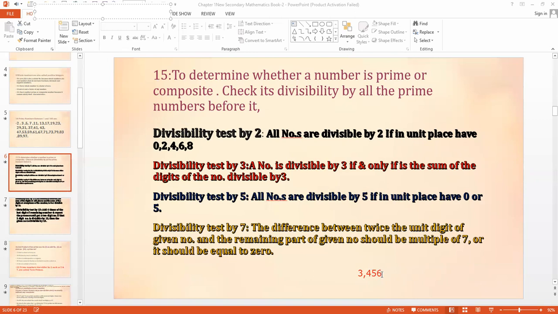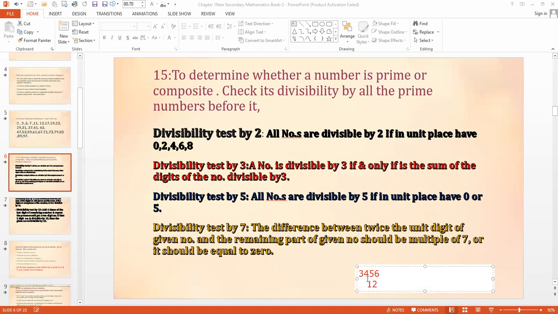I have written here 3, 4, 5, 6. At the unit place, which digit is given to you? 6. They are saying twice the unit digit. When I have to double the unit digit, 6 will become 12. Very good.